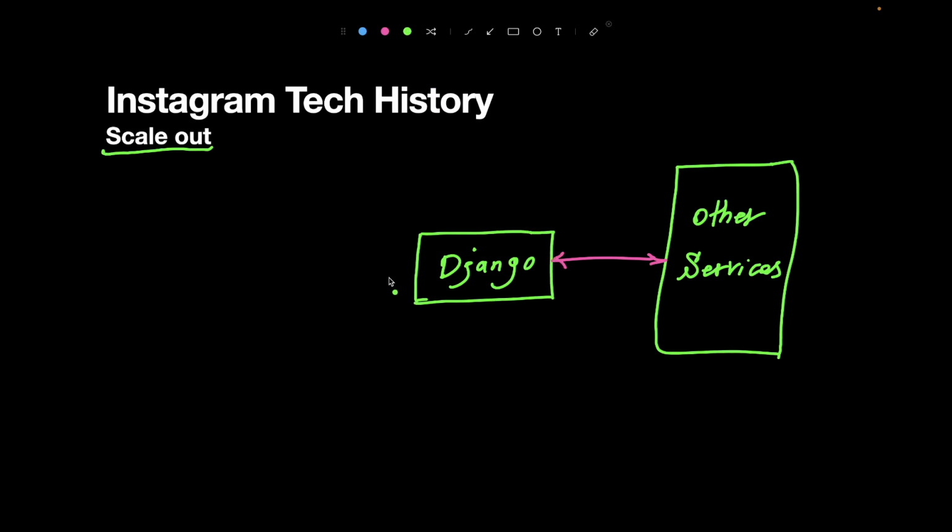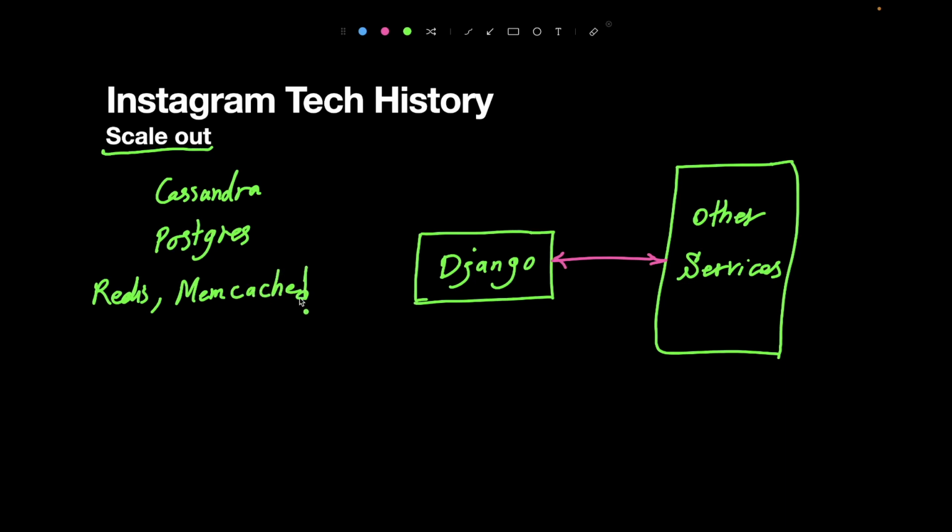At the same time, Django can access the Cassandra database and also the Postgres database. It can also access Redis and memcached. And Django also has the capability to queue tasks, so it has access to RabbitMQ and Celery.